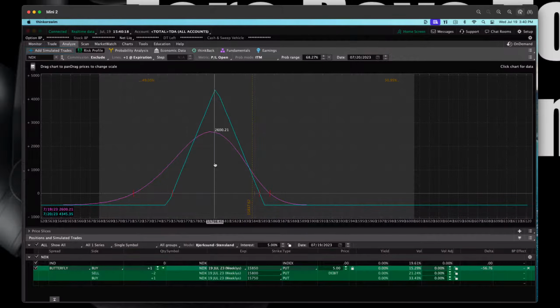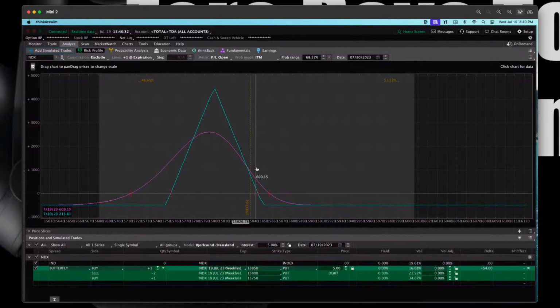Now, just a few moments ago, it was sitting here at $2,500. You would have made, let's see, about a 500% return right there. And of course, we would have gotten out before it moved all the way over here based on our strategy, but that's where it was sitting.